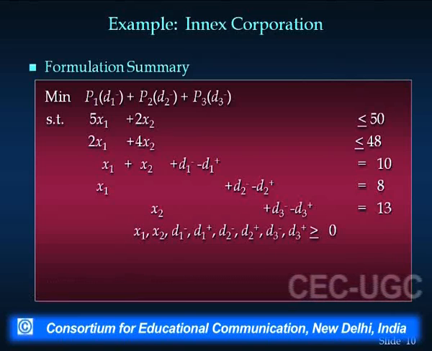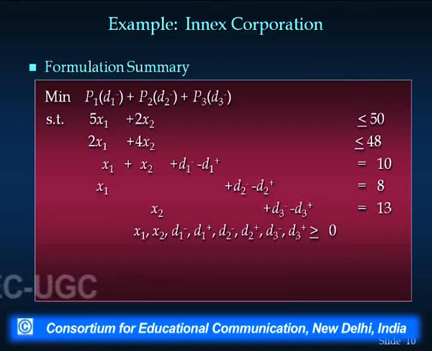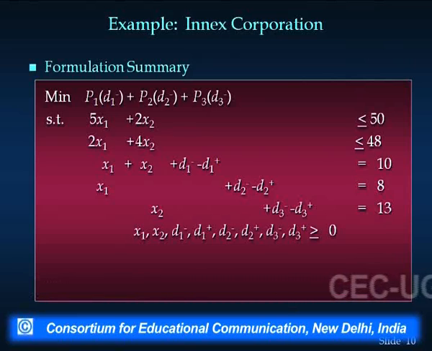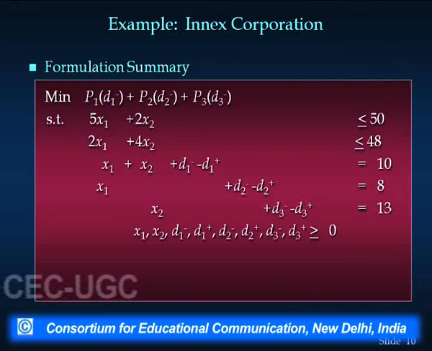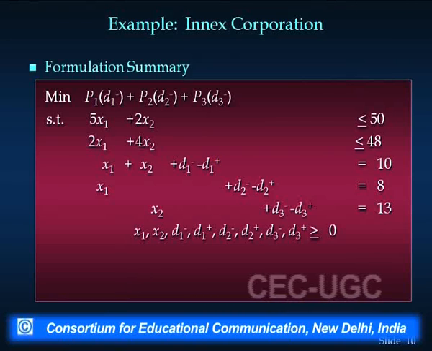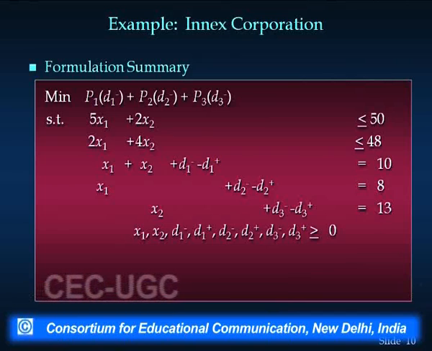And now our three goals will also be added: x1 plus x2 plus d1 minus minus d1 plus equal to 10, the same equation we have already made. Now second priority: x1 plus d2 minus minus d2 plus equal to 8, and the third priority is also introduced: x2 plus d3 minus minus d3 plus equal to 13.